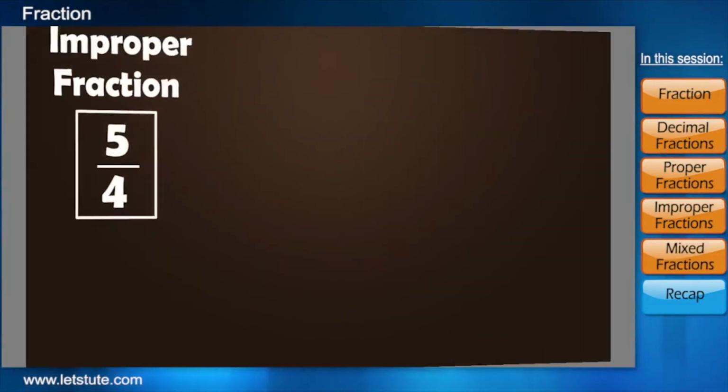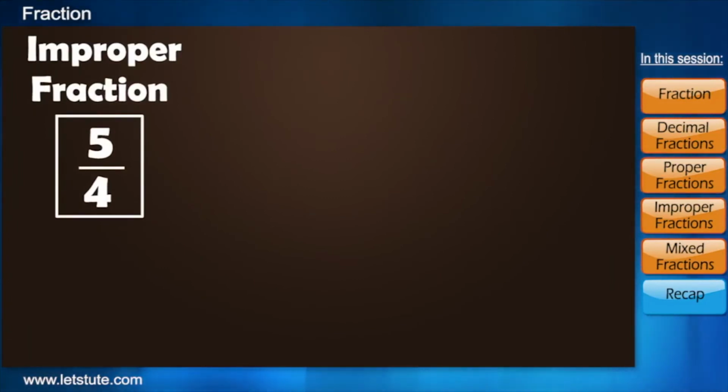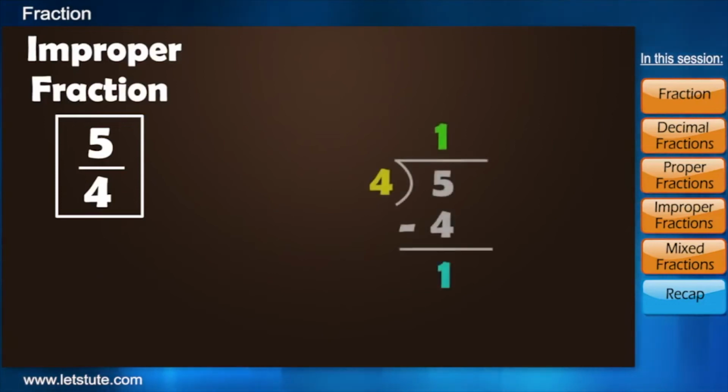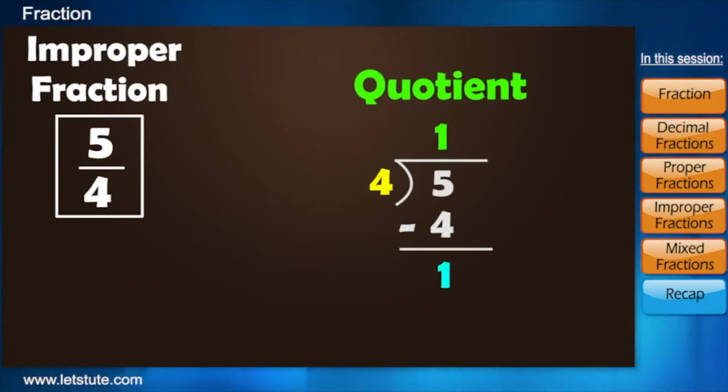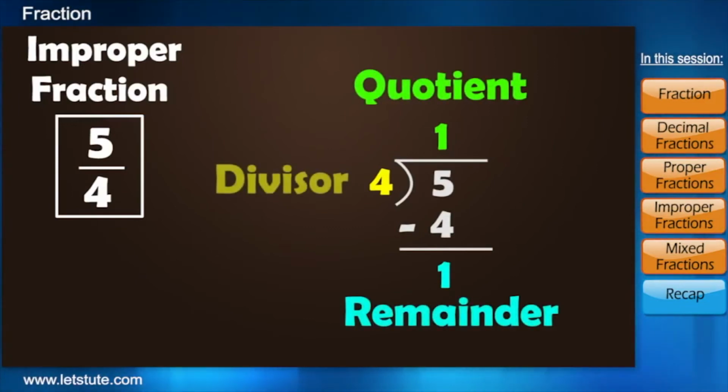You can also obtain a mixed fraction by performing a normal division. Let's see how we can do that. A mixed fraction is written as quotient, remainder divided by divisor. So here it will be 1 and 1 by 4, right?